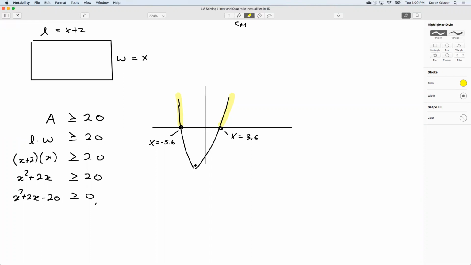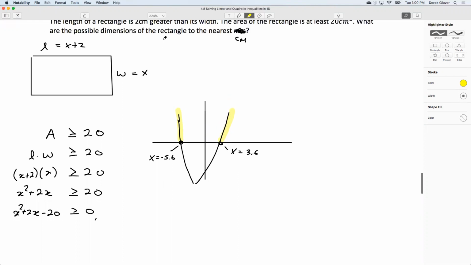But now this is the tricky part here. We have to remember what we're doing and why we're doing it. We are talking about dimensions of a box. If we have a width that's 0 or less, then we don't have a box. It doesn't actually exist.